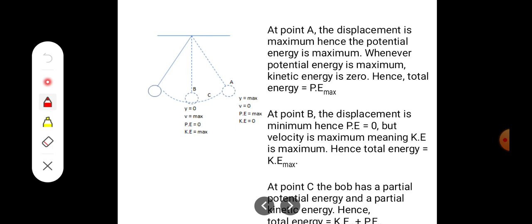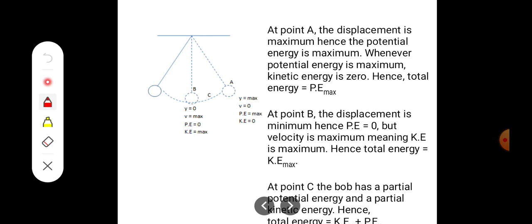At point B, Y is equal to 0. We have a note here by the side. Let's read the note. At point A, the displacement is maximum, hence the potential energy is maximum. Whenever potential energy is maximum, kinetic energy is 0. Hence the total energy is the maximum potential energy.